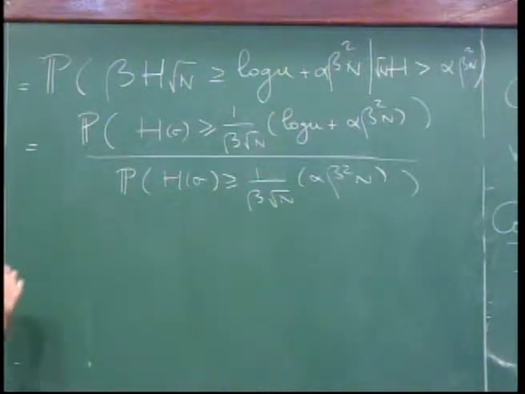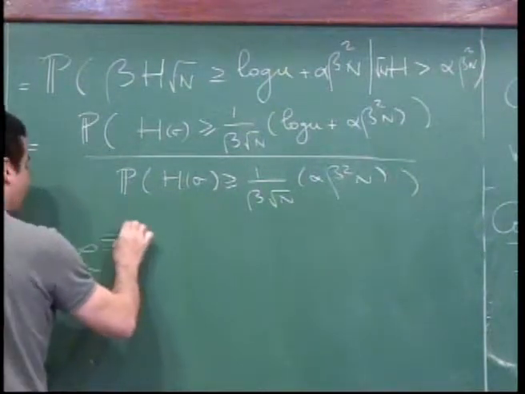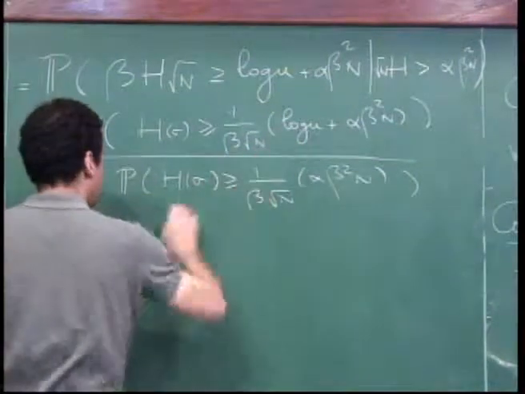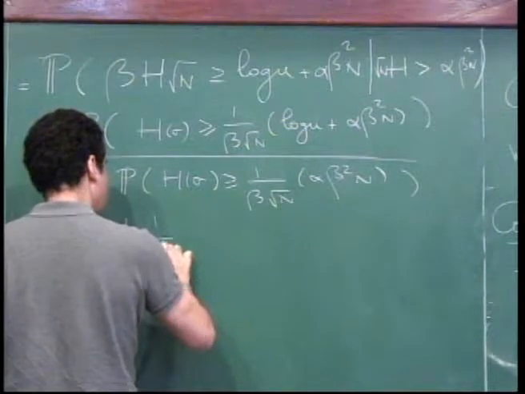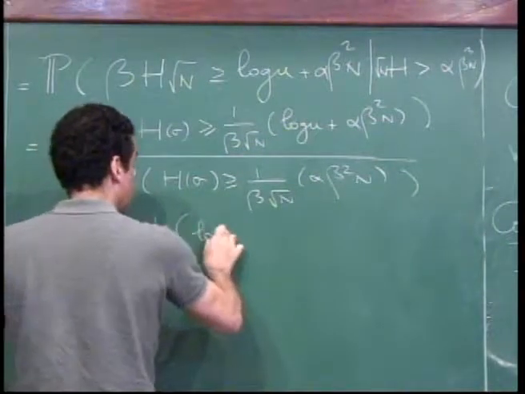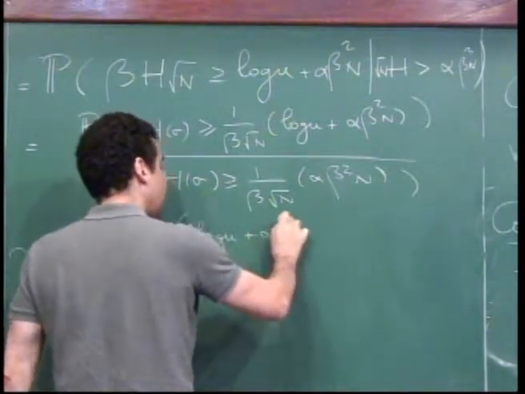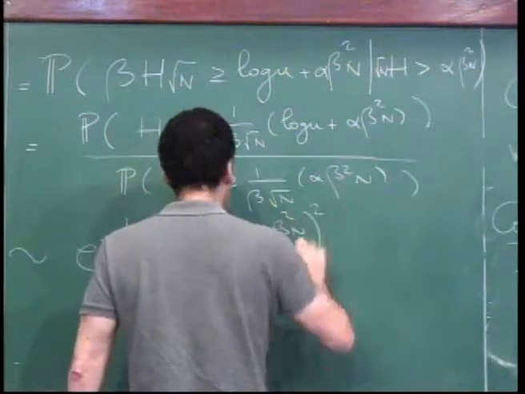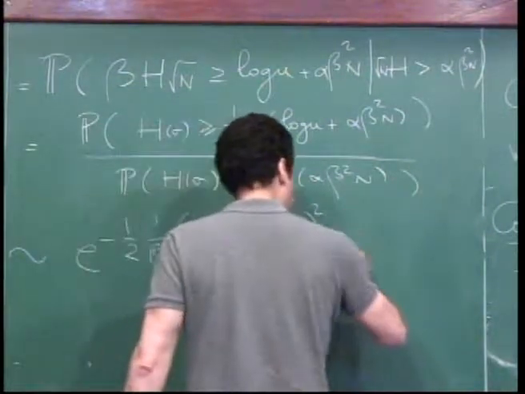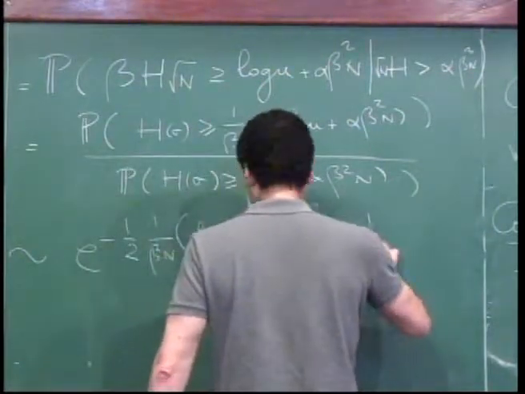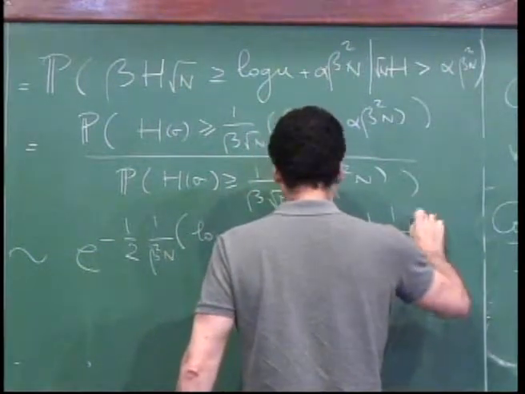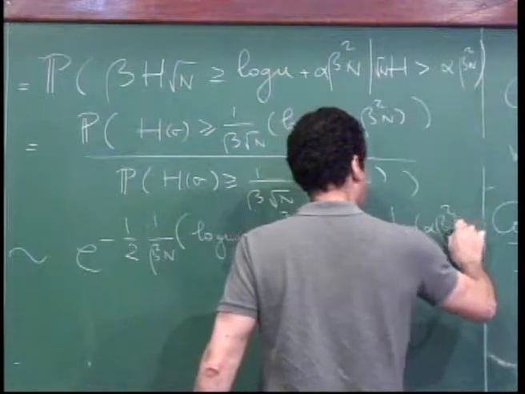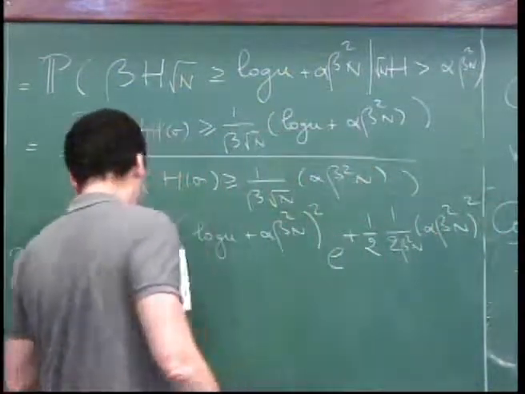So the tail is roughly exponential minus 1/2 of this thing squared. So it's 1 over beta square n, and then you have log u plus alpha beta square n, squared, and you divide by, so you exponential plus 1/2 of 1 over 2 beta square n and alpha beta square n squared, if I'm not mistaken.